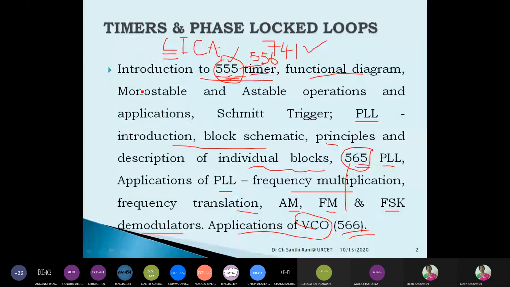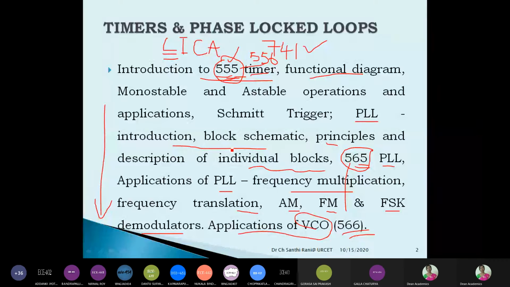So with this brief introduction to unit 5, let us move forward to the first topic, that is introduction to 555 timer, right? I think I have mentioned what all we are going to study. In brief, we say we are going to study just two ICs, 555 and 565. What is 556?